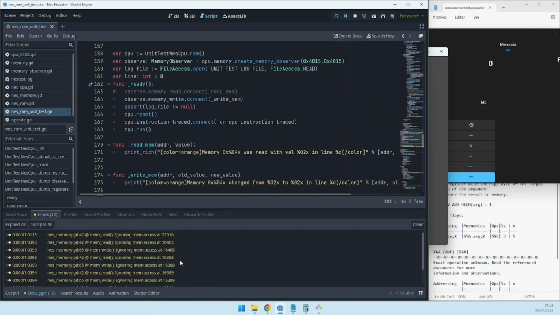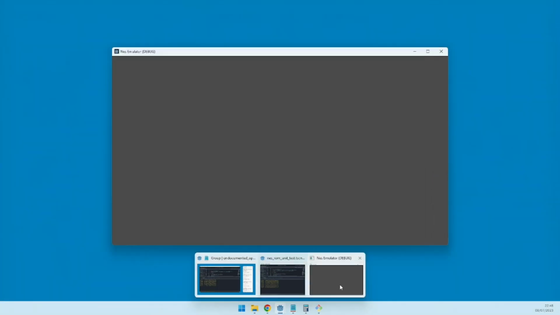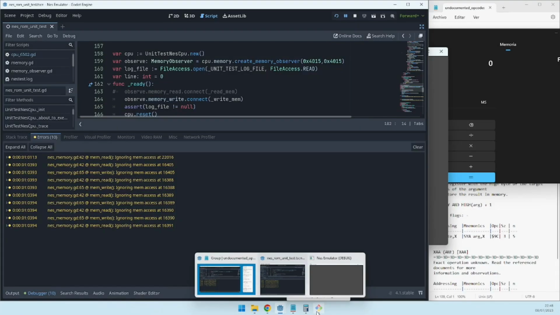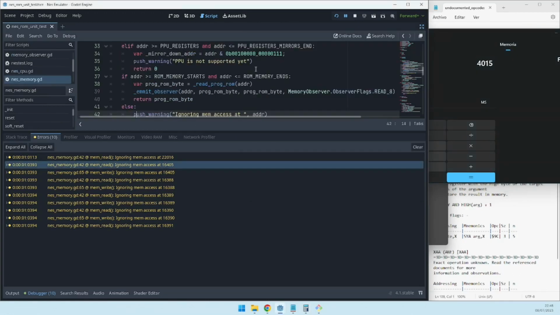Maybe we even get errors in here about it. So what is memory? This hex 4015, and it is 6405, and it's this one.